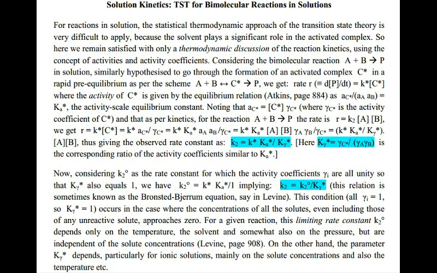Let us see. When the activity coefficients γi of the reactant A, of the reactant B, of the activated complex C* are all 1, then Kγ* is equal to the activity coefficient of C* divided by the activity coefficients of A and B. That will also equal 1.